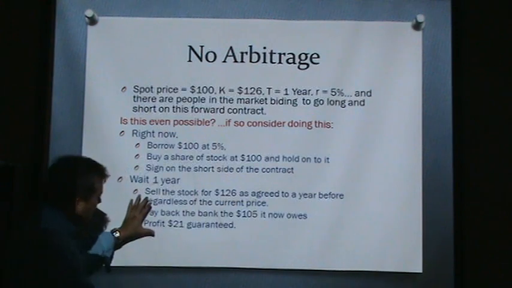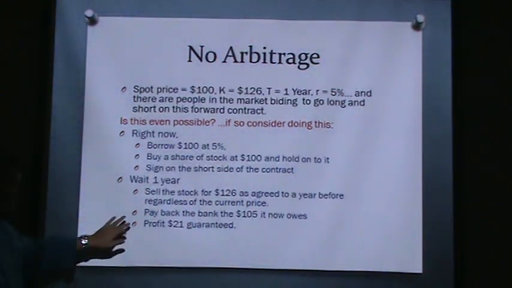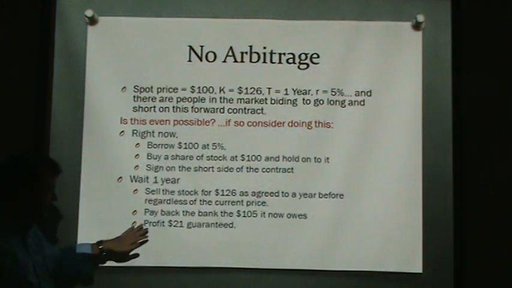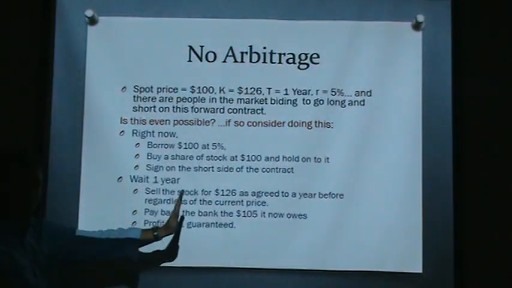So there's a $21 value to being on one side of this contract, and obviously you're losing $21 on the other side. If you wanted to get somebody to sign that, they might ask you to pay them $21 one year from today.